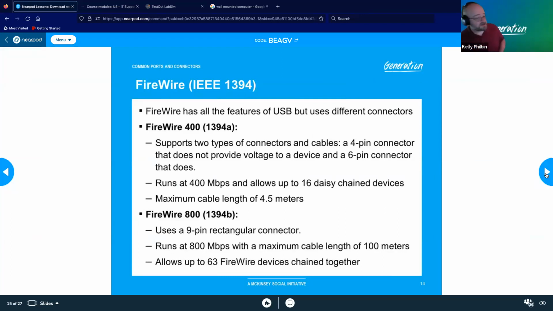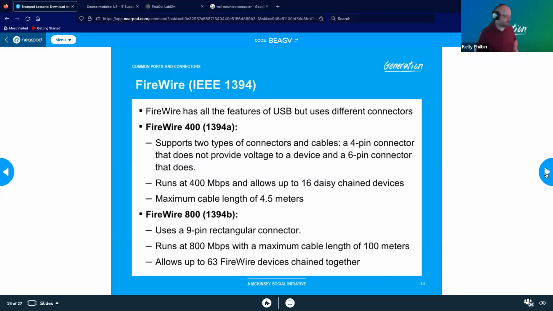All right, FireWire. It is still kind of around. It does still pop up from time to time. It's predominantly seen in hard drives. For its day, it was one of the fastest connections you could get.